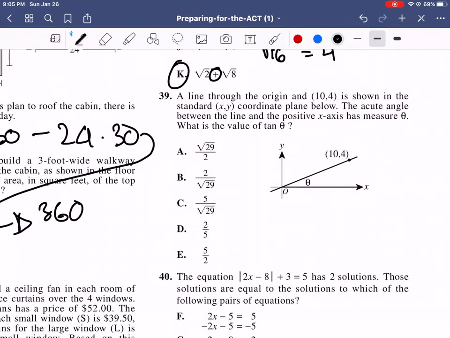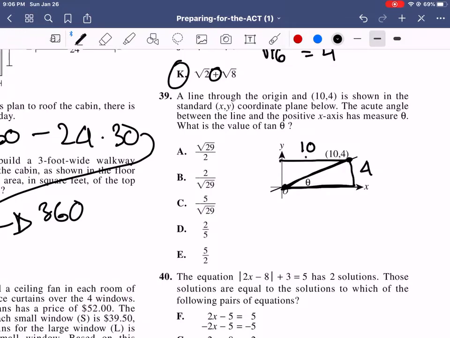A line through the origin and the point 10, 4 is shown in the standard coordinate plane below. So we're looking for the tangent of this angle. If you know this point right here is 10, 4, you know that this goes 10 and this goes up 4.